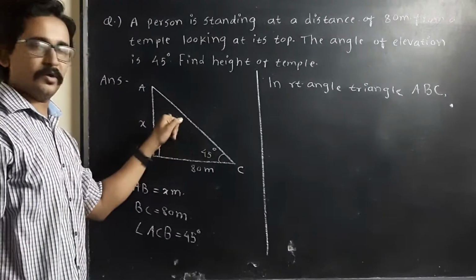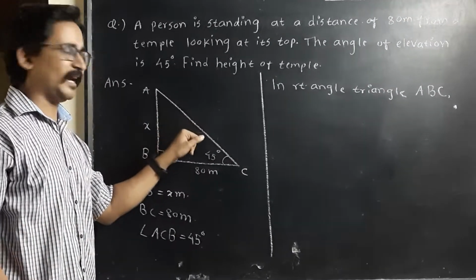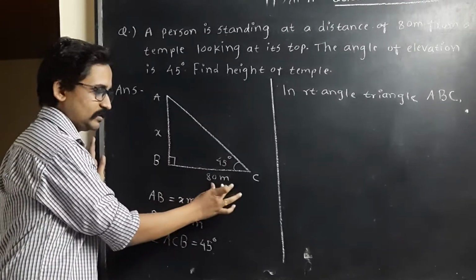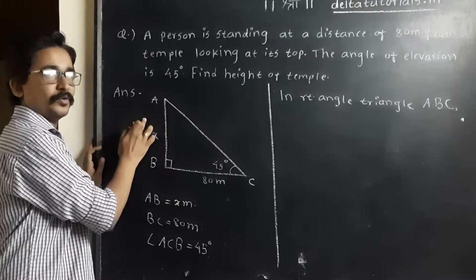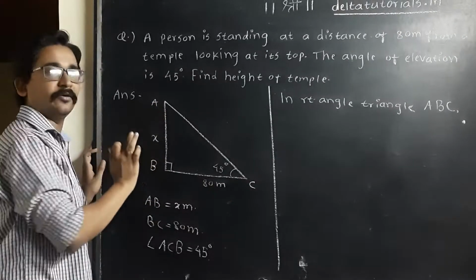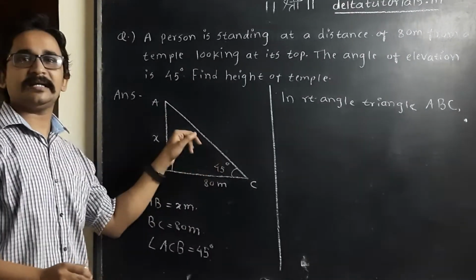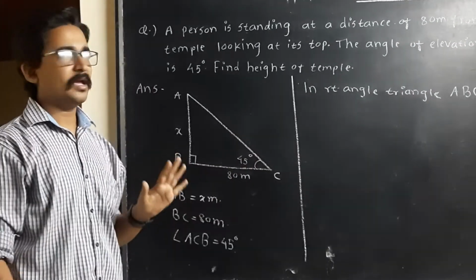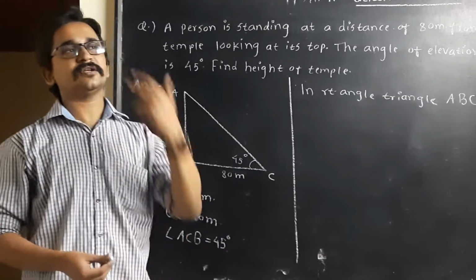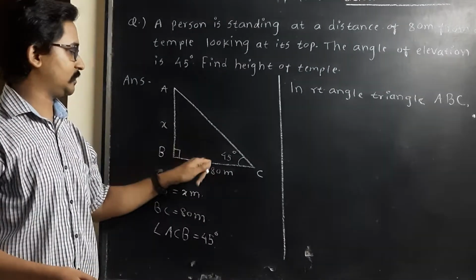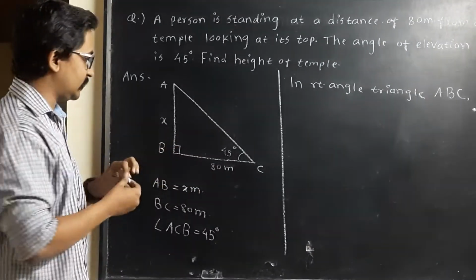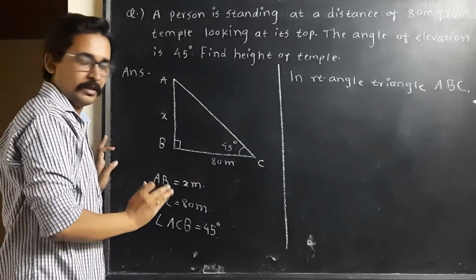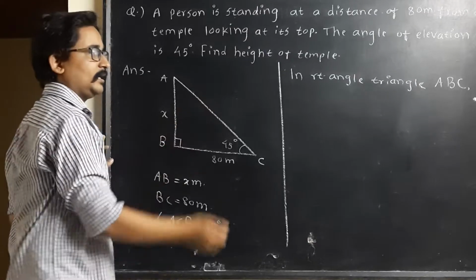We don't know the value of hypotenuse, so we cannot use sine ratio over here. We are having adjacent side which is 80 meter. We need to find the opposite side from the observer, that is height of the temple. So we need to use tan as a trigonometric ratio in this particular case. Many students get confused about which ratio should be used in such cases. So always think about the sides which are known and which are unknown. We cannot use sine, we will use tan here.